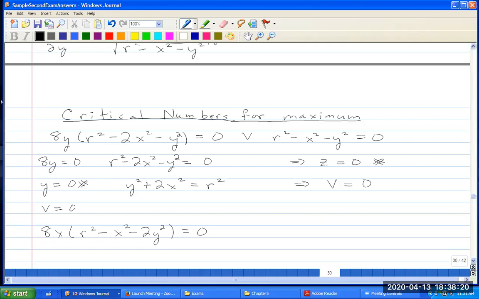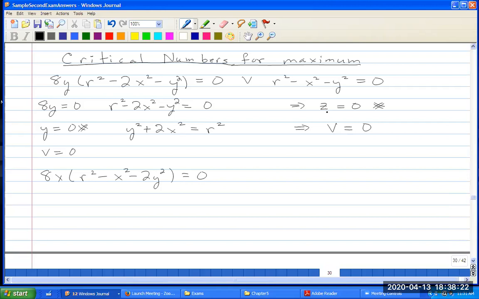Or r squared minus x squared minus y squared is 0. But again, this would say that z equals 0. The volume would be 0.